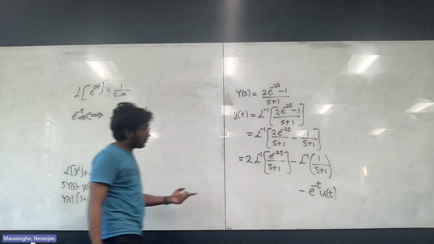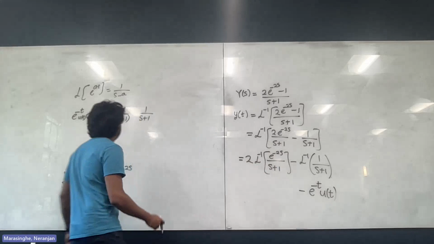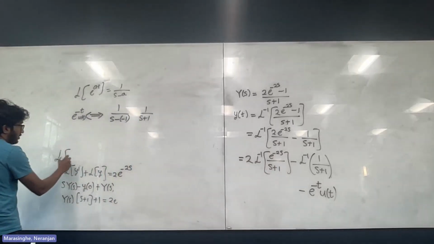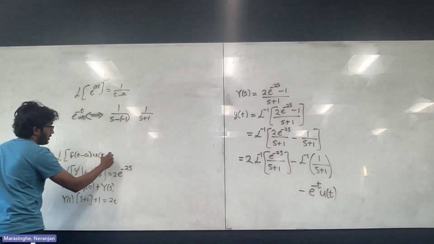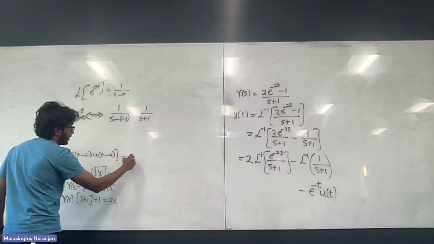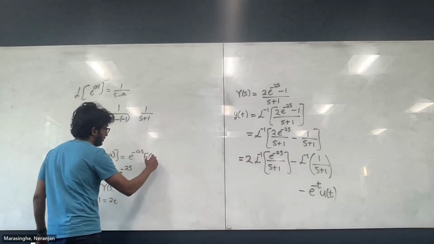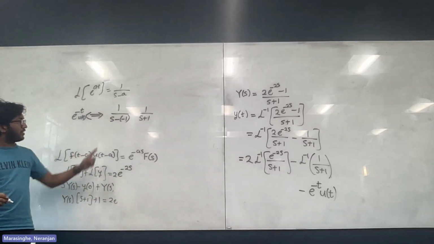Now, in this case, you have multiplication by an exponential in the Laplace domain. So recall this formula: Laplace of f(t minus a) u(t minus a) is equal to e to the minus as times F(s). So what is my a?